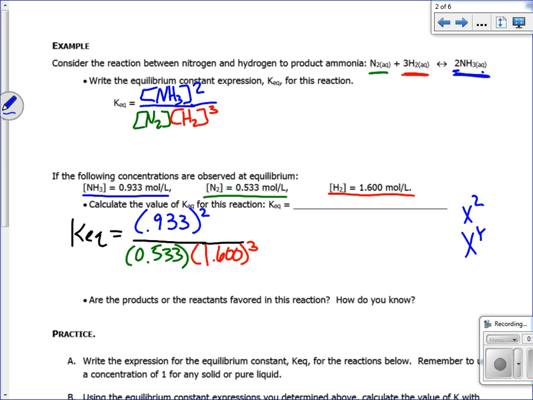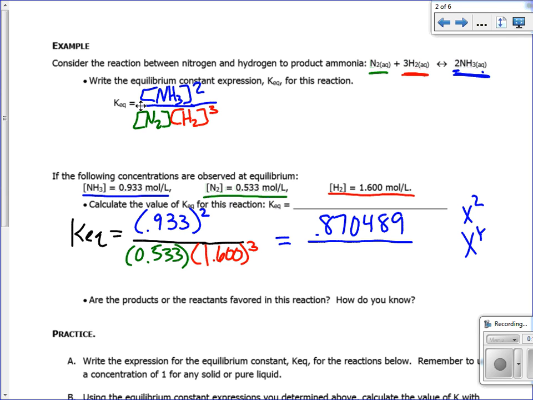We're going to be able to use these buttons to help us calculate. Okay, so I can do the top real easily. I can put in 0.933 and I can just do the square. 0.870489, right? Okay, so that's our top number.